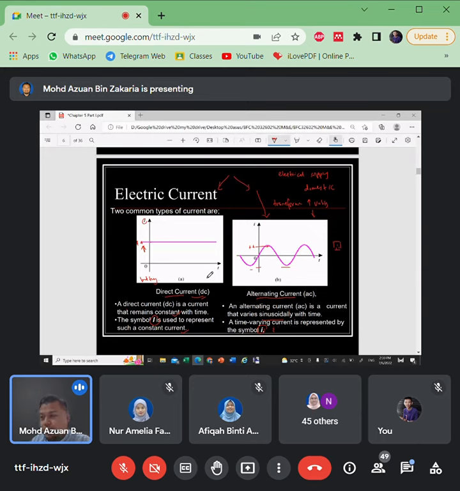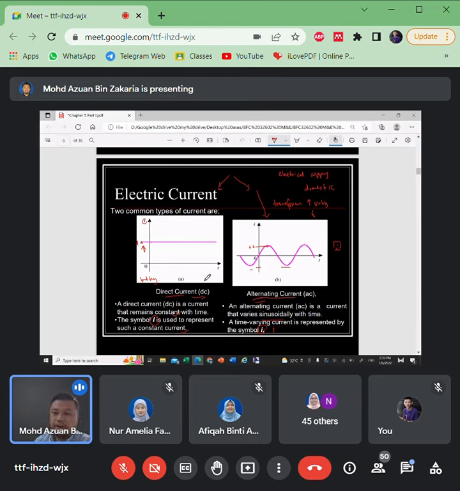Since our house or building has a supply of alternating current, but some of our equipment uses direct current, that's why if your electrical equipment has an adapter, the adapter actually changes alternating current to direct current.